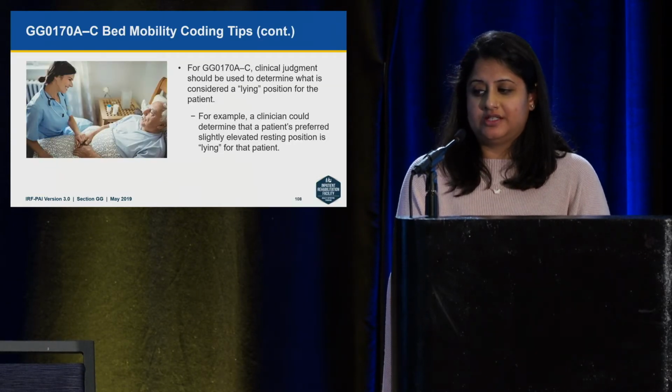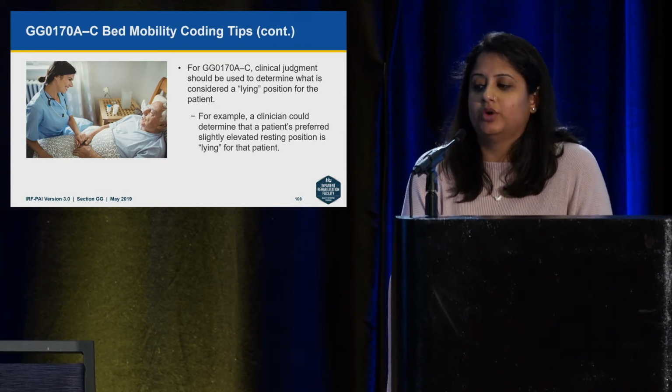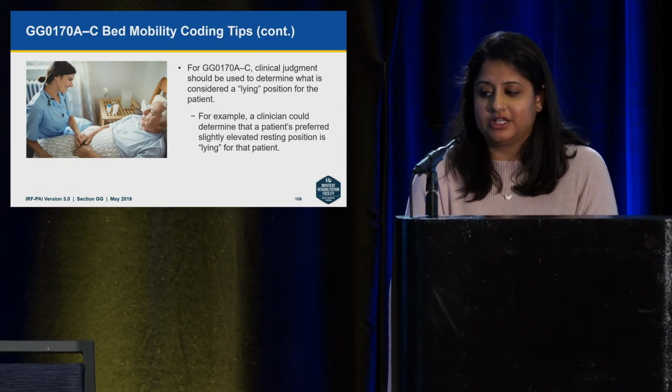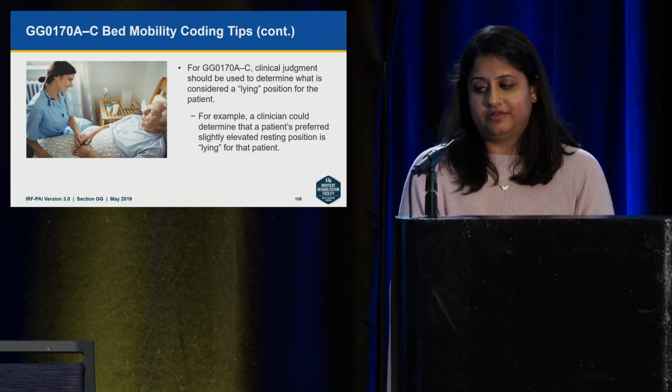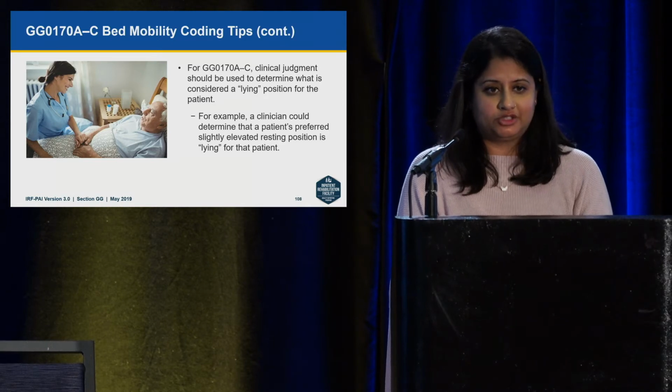For GG0170A through GG0170C, clinical judgment should be used to determine what is considered a lying position for the patient. For example, a clinician could determine that a patient's preferred slightly elevated resting position is lying for that patient.